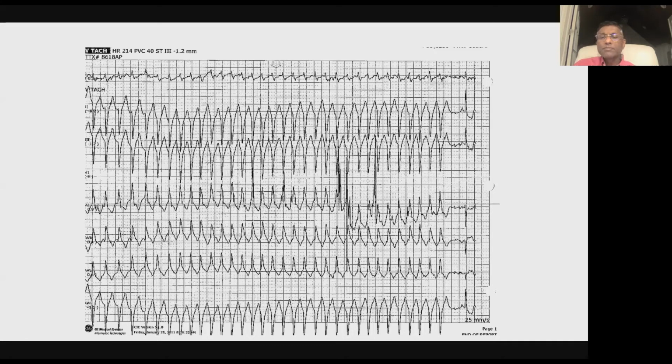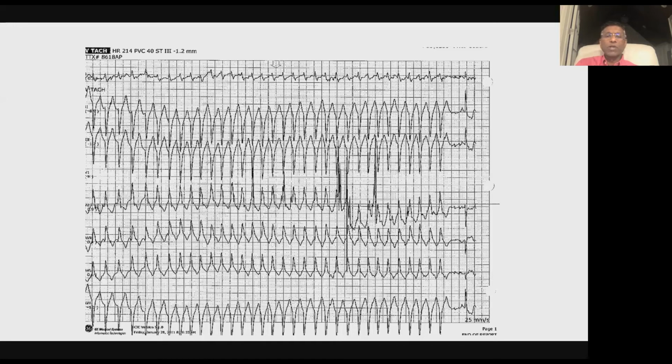What morphology? In general, is this left bundle branch block looking or right bundle branch block looking? Which lead do we look at to decide that?